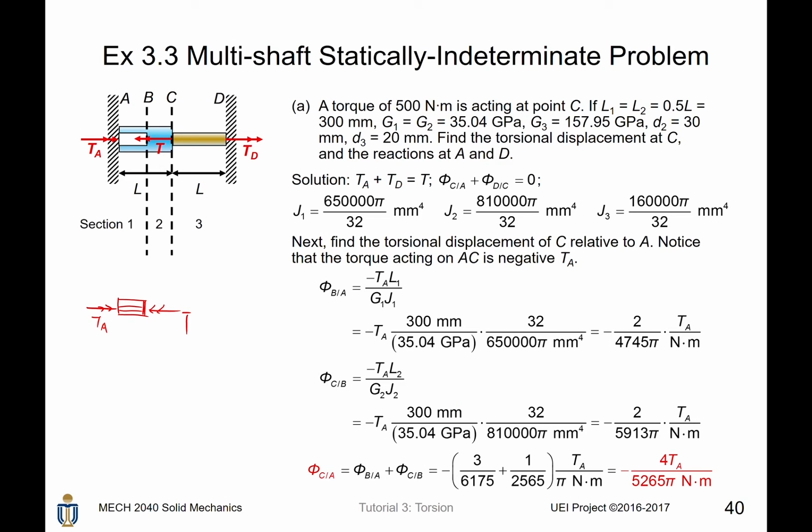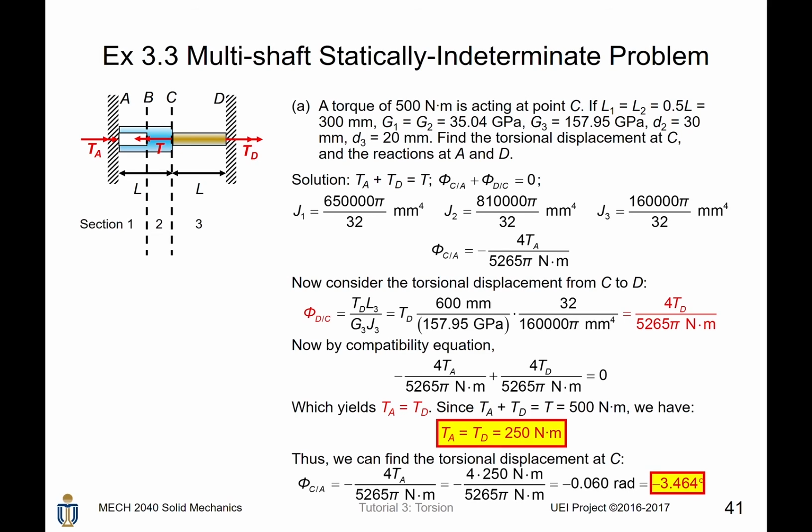Substituting all those values, we have this complicated result. Finally, we sum both of them up to get this result. The torsional displacement at C relative to A equals minus 4TA divided by 5265 pi Newton meter.